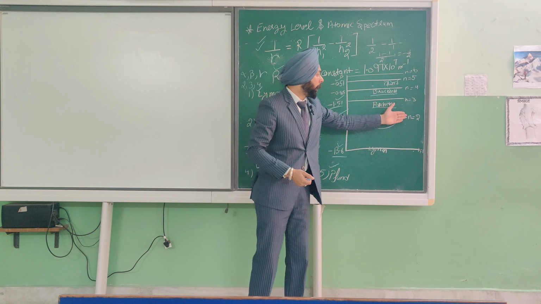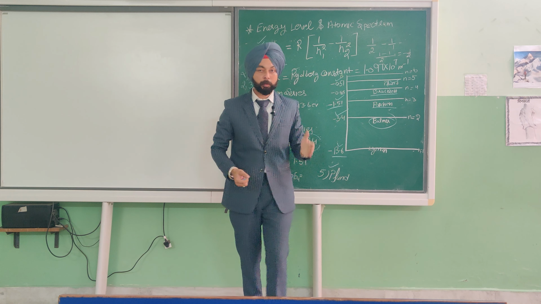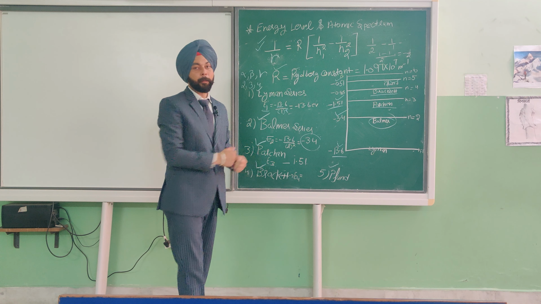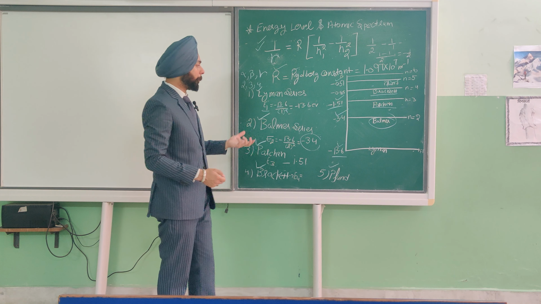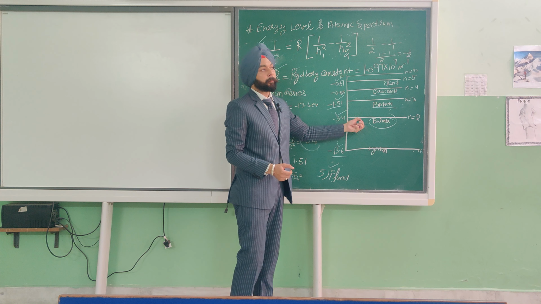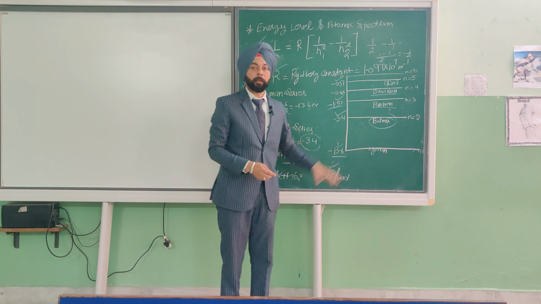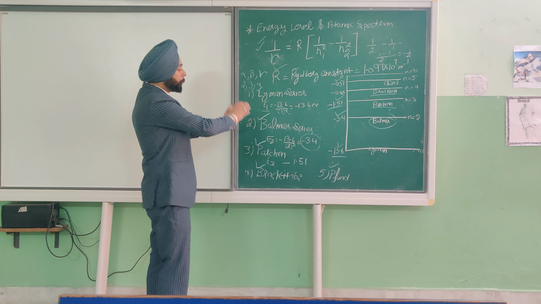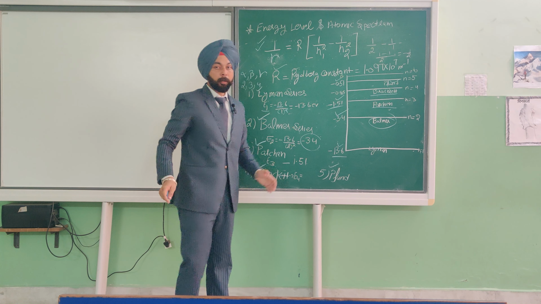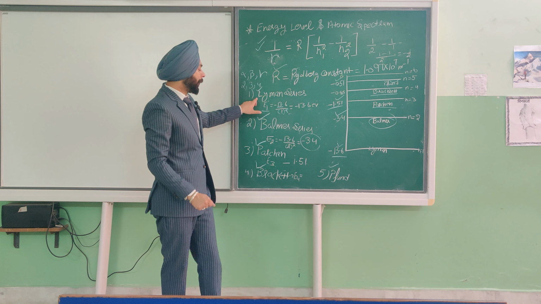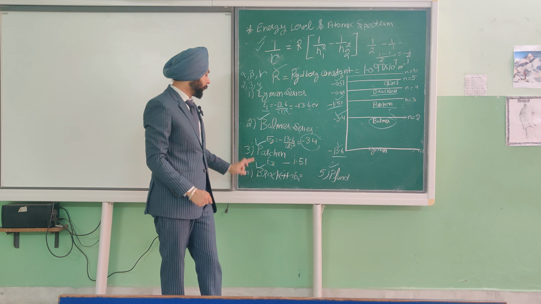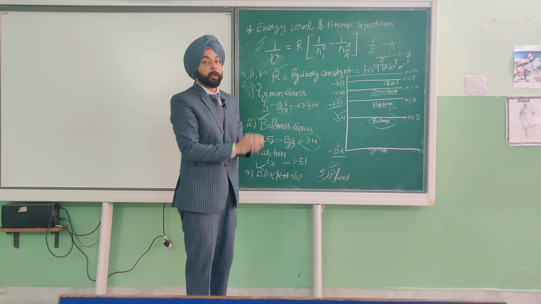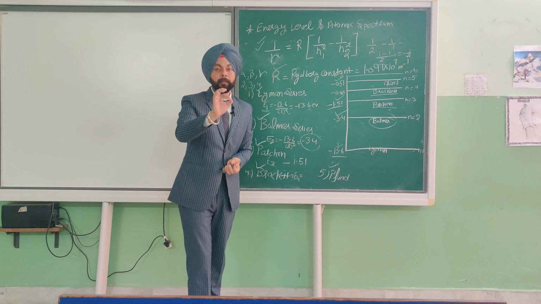So n1, n2, n3, n4, n5 are the energy levels, and from the energy levels we find which series is formed. Again I repeat, according to the energy level we introduce the Lyman series, Balmer series, Paschen series, Brackett series and Pfund series.